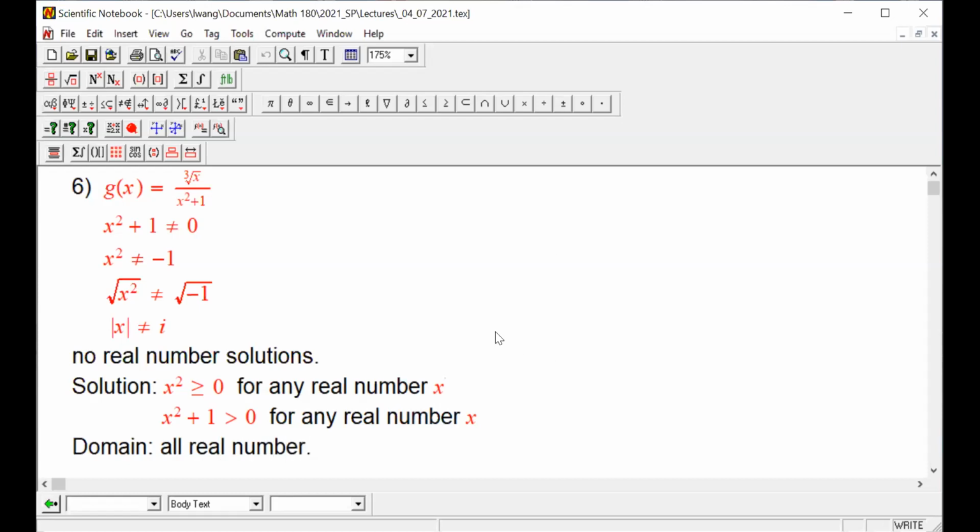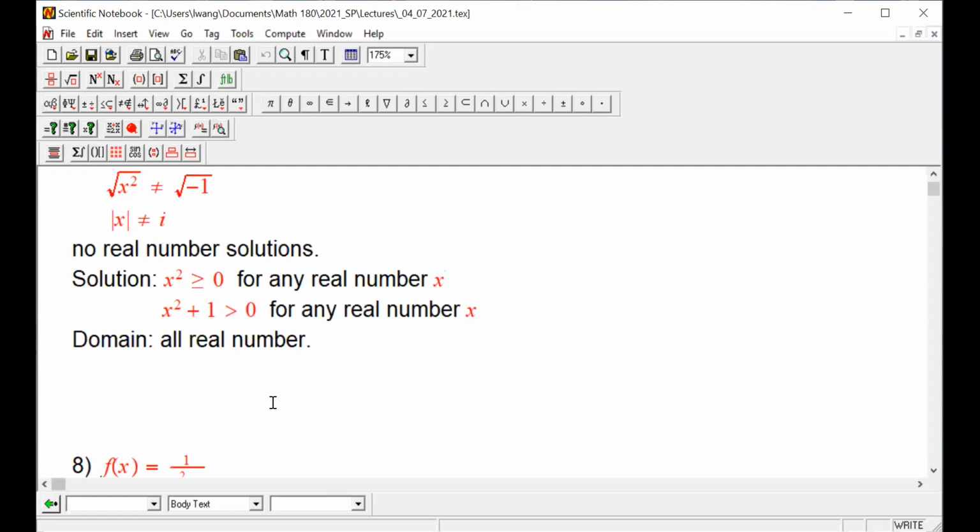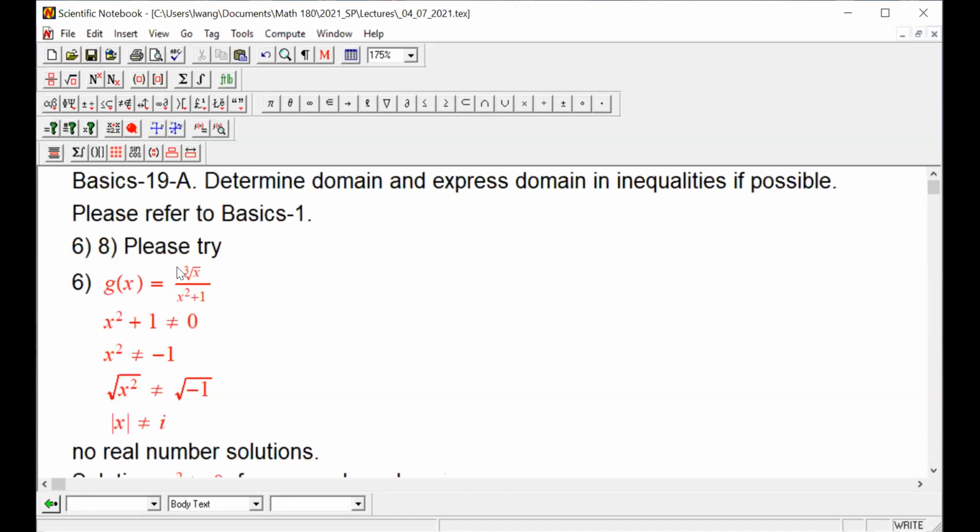Okay, what I mean is you don't have to rigidly follow the steps. You can create your own narratives. Does that make sense? Because all you want to do is guarantee that the denominator is not 0.